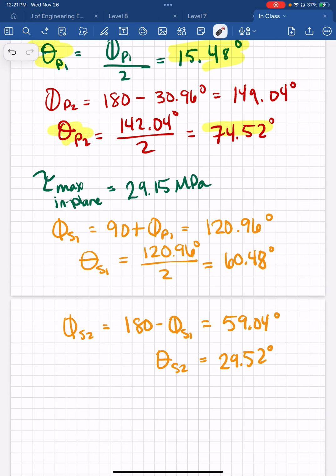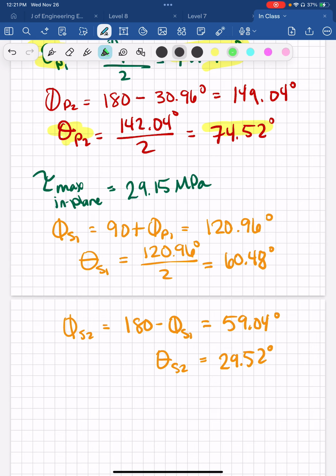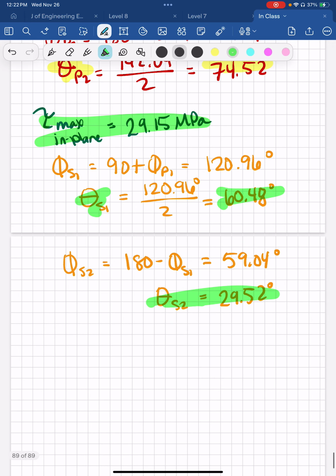Let's go ahead and draw it also. I'm going to highlight them: this one and then this one. So let's go ahead and draw it for the maximum in plane stress. I guess I should have done the other one earlier, but this is fine. We'll do the maximum in plane first.